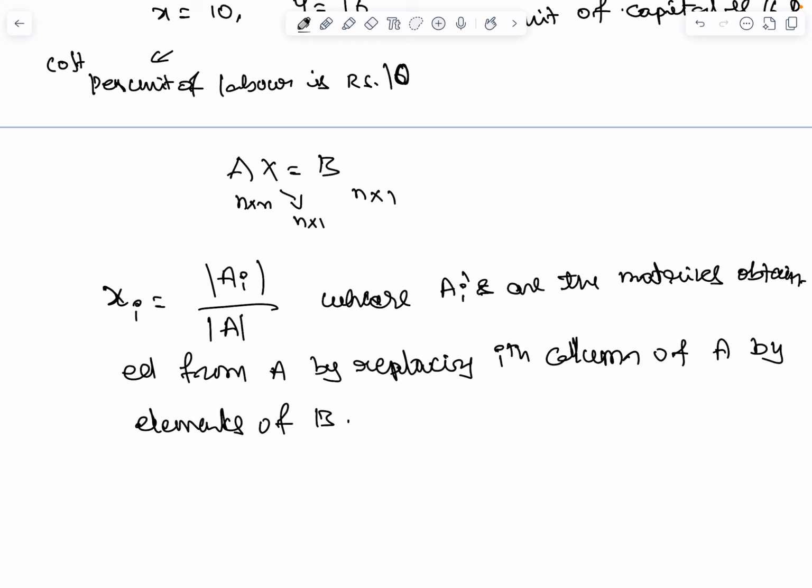This is how we are finding the unknowns.